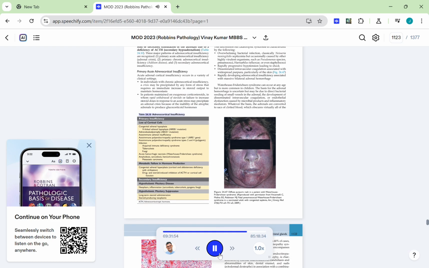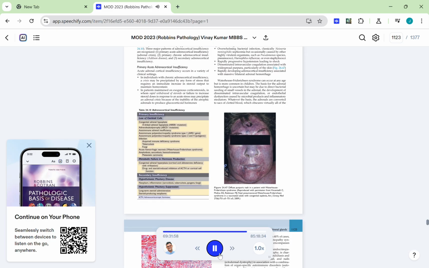Table: adrenocortical insufficiency. Primary insufficiency: loss of cortical cells, congenital adrenal hypoplasia, X-linked adrenal hypoplasia, adrenoleukodystrophy, autoimmune adrenal insufficiency, autoimmune polyendocrinopathy syndrome types, and infection, including acquired immune deficiency syndrome, tuberculosis, fungi, acute hemorrhagic necrosis, amyloidosis, sarcoidosis, hemochromatosis, metastatic carcinoma.